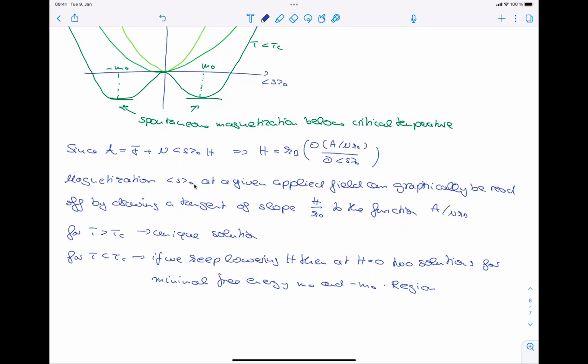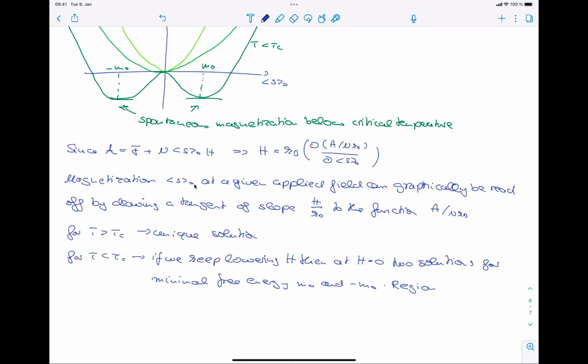So at below critical temperature, I can have regions of spins all being at M naught, and I can have other regions of spins all pointing the opposite way, having a magnetization of minus M naught.